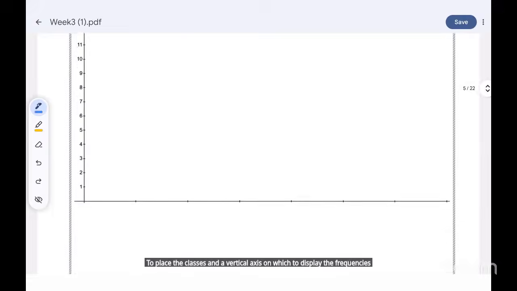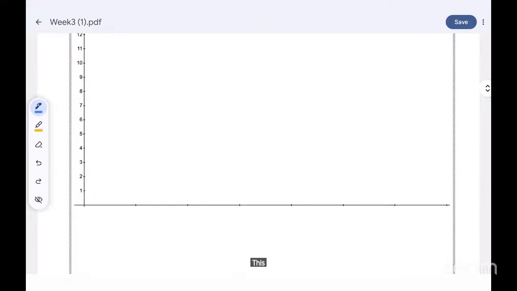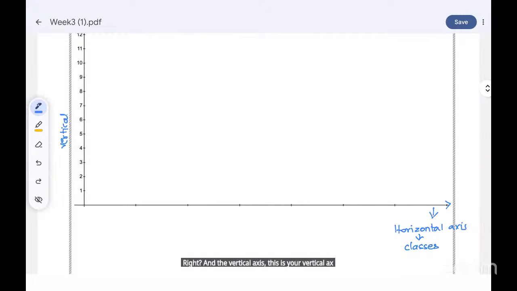This is your horizontal axis, where we are going to keep classes, and this is your vertical axis, where we are going to keep frequencies.